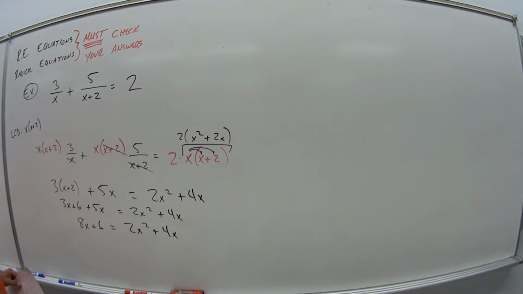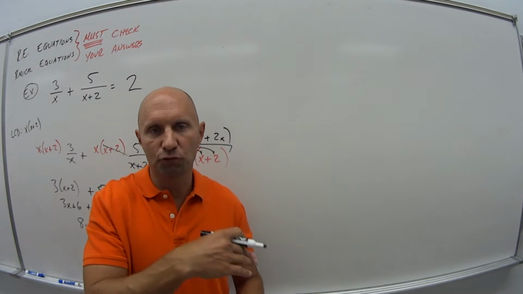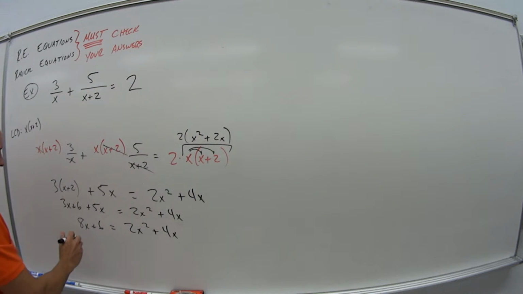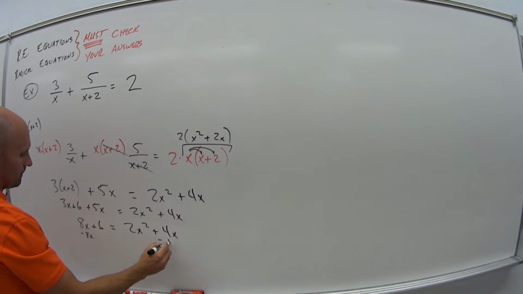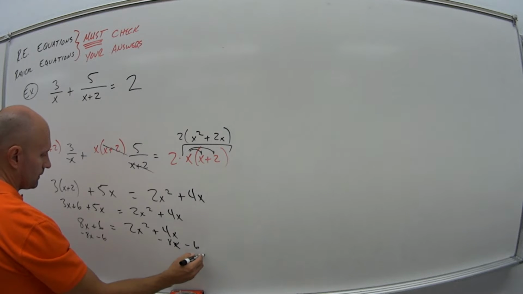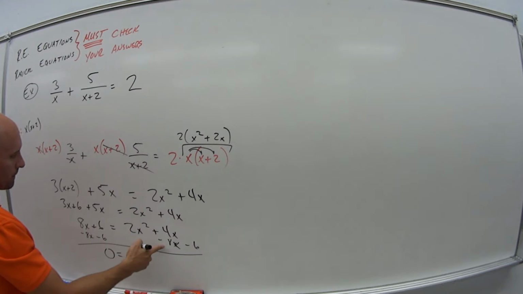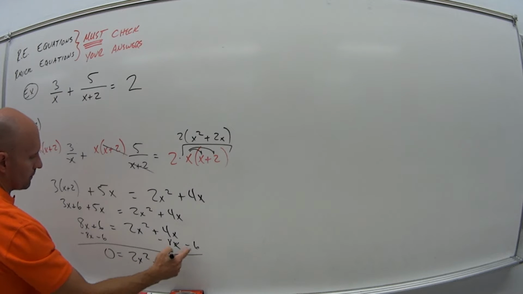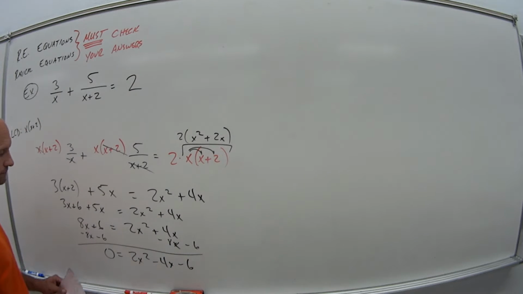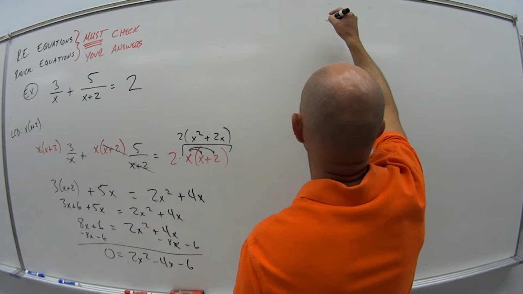So instead I'm going to move everything to the right, put 0 on the left-hand side. Doesn't matter, 0 can be on the left or right. So if I subtract 8x here and subtract 6, then what do I get? 0 is equal to 2x squared minus 4x minus 6. So now I can move the 0 over to the right if I want.